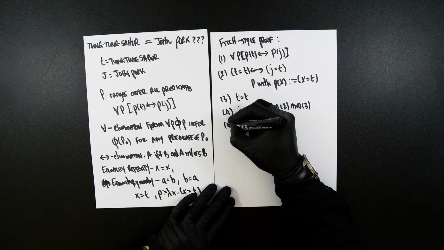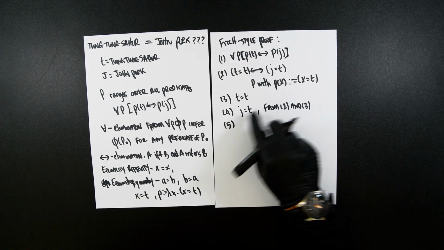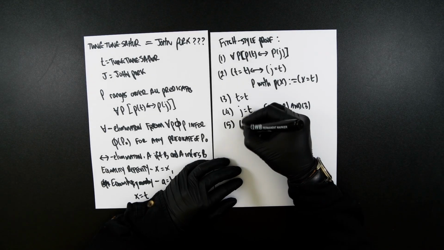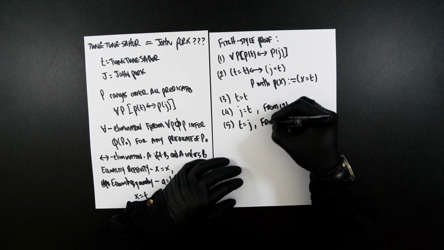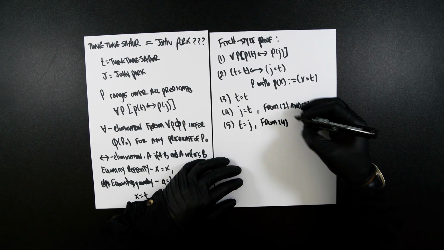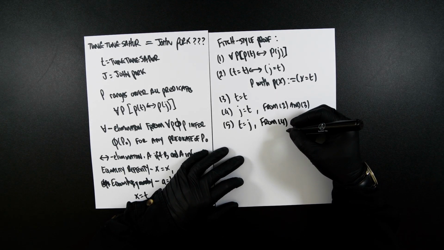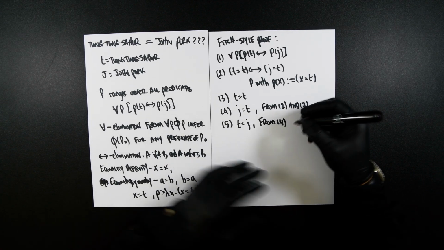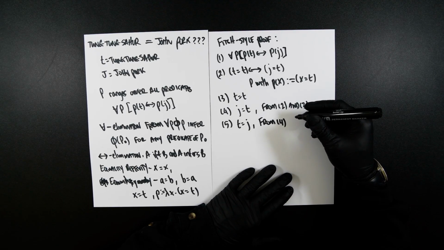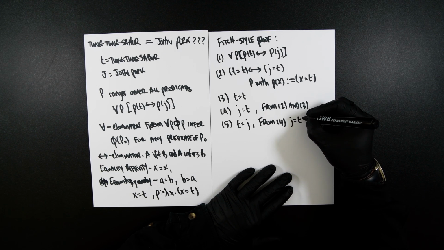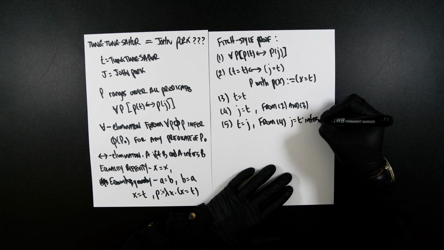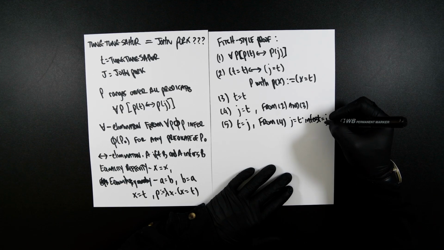So now 5 means that if we swap them around, they still equal the same thing, t equals j. So from 4, by equality symmetry, we're able to say that j equals t infers t equals j.